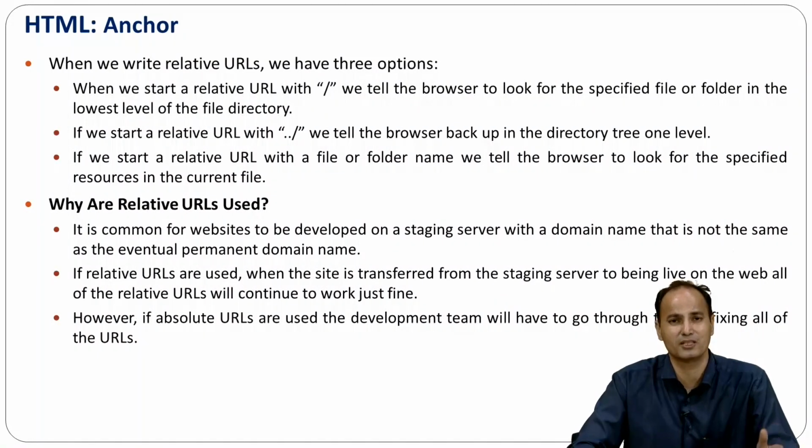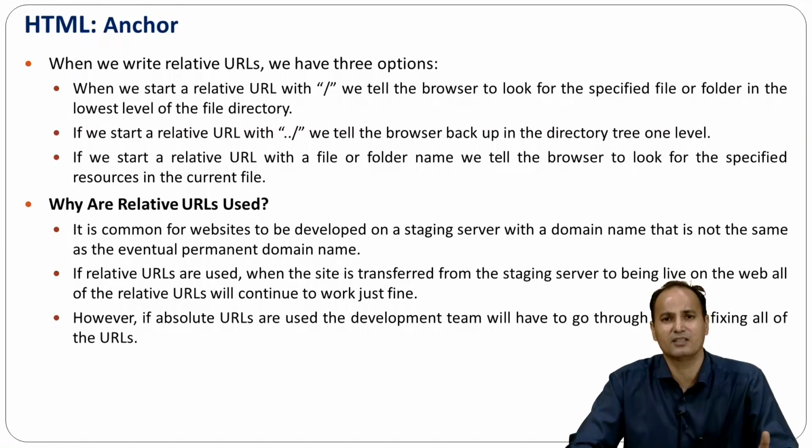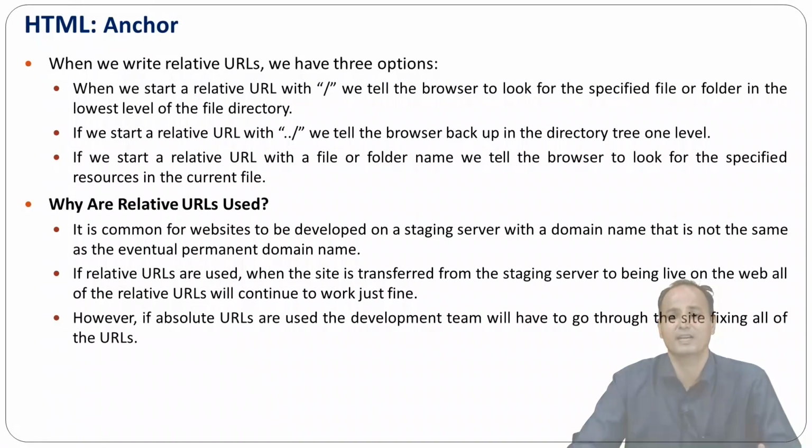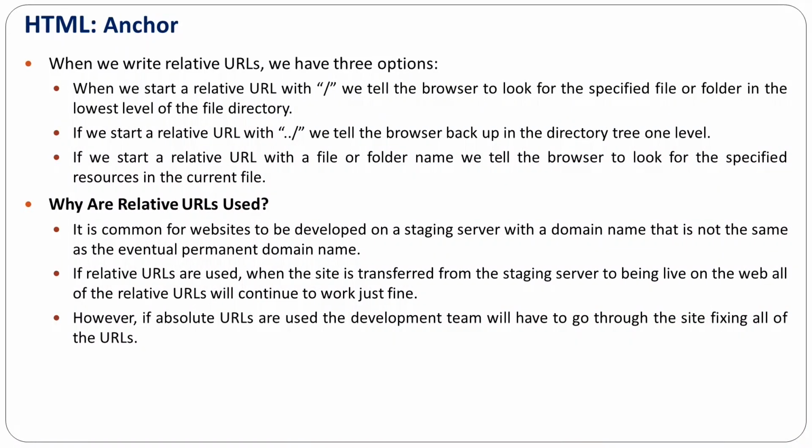But if it is provided as a relative path, then if you change the directory or location, it is not going to affect the performance or availability of the resource on a web page. If relative URLs are used when the site is transferred from the staging server to being live on the web, all of the relative URLs will continue to work just fine.